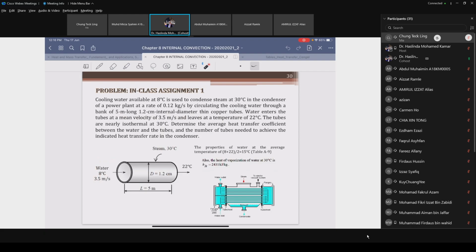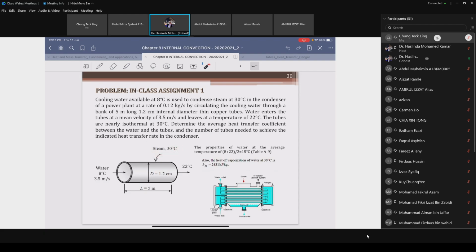So this represents the small ones, this one. Now this water, cold water at 8 degrees C, then there is steam over the tubes at 30 degrees Celsius.